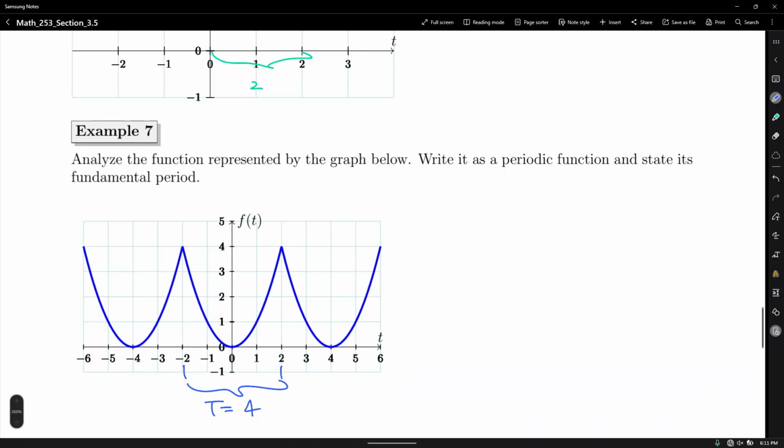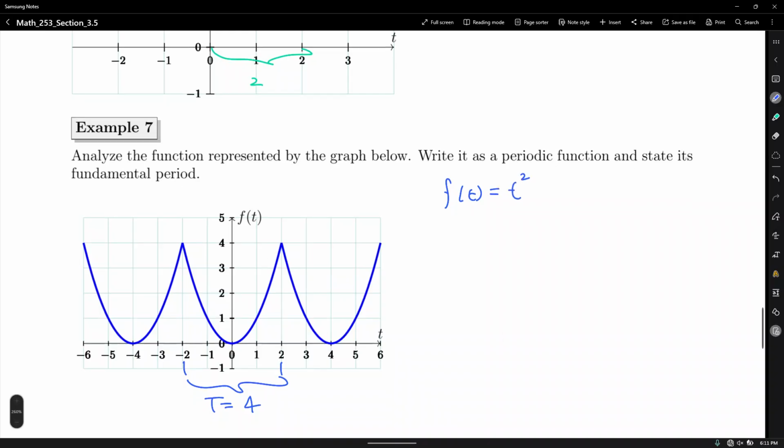How do we represent that function? Does that look like a function you're familiar with? f of t equals t squared, with a condition. This is not just f of t equals t squared, otherwise it would be going forever like this, which is what we don't have. This is a repeated function, a periodic function.